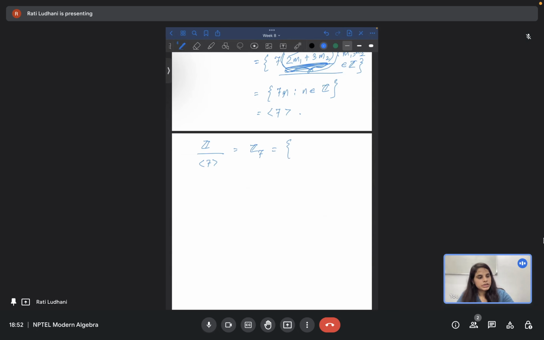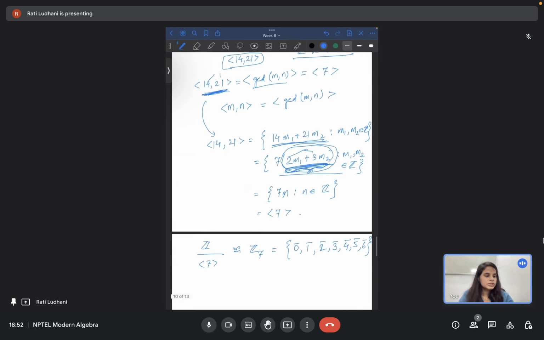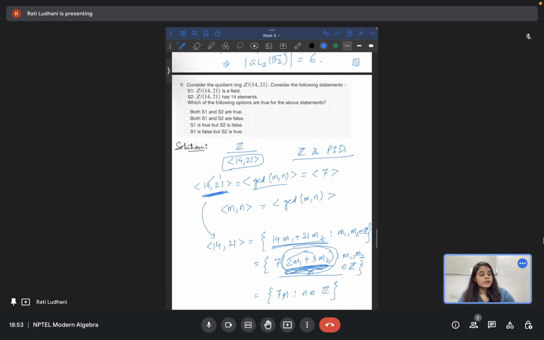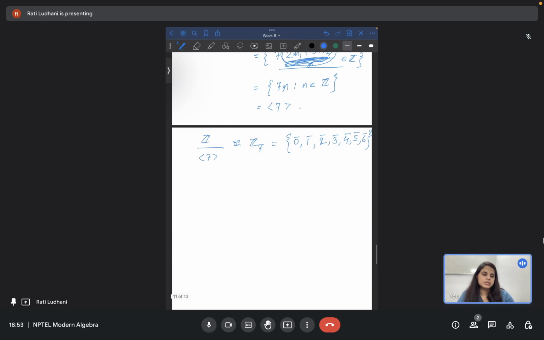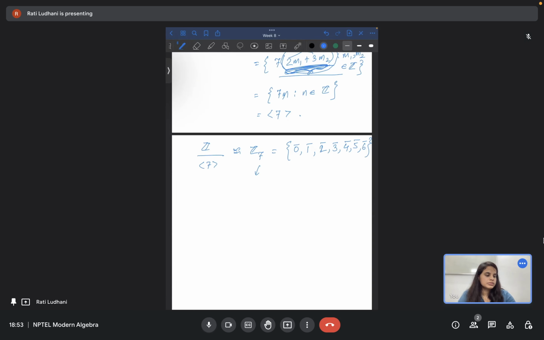So you can identify it as 0 bar, 1 bar, 2 bar, 3 bar, and so on up to 6 bar. This is your set. Now let's see what they have asked. Z mod (14, 21) is a field. So Z7 is a field, so we are done. Z7 is a field, so this is definitely true. So S1 is true.